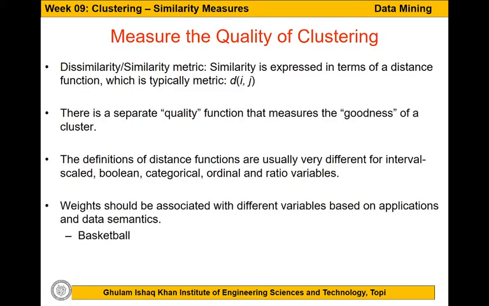right? Okay, let me read out the slides so that I may not miss anything. Dissimilarity or similarity matrix is expressed in terms of a distance function, which is typically a metric. There is a separate quality function that measures the goodness of a cluster.